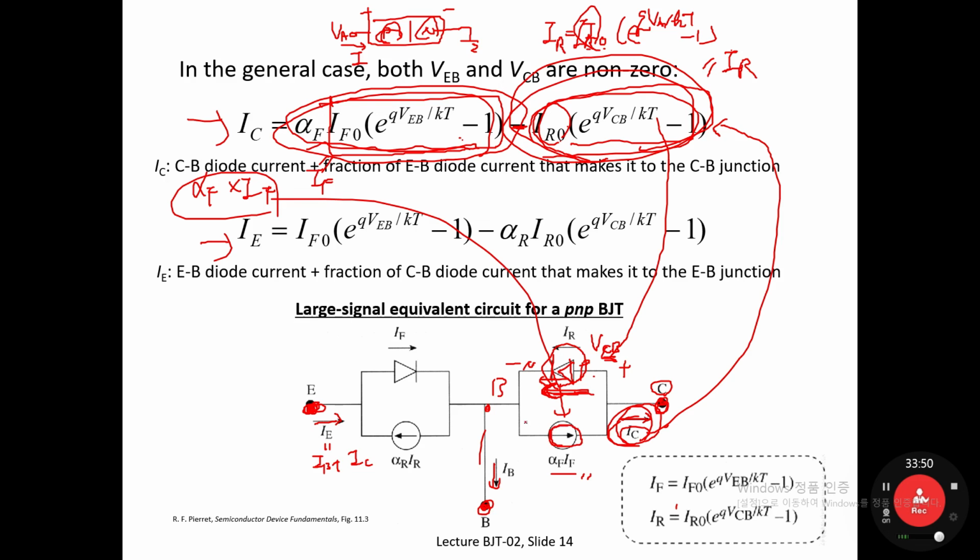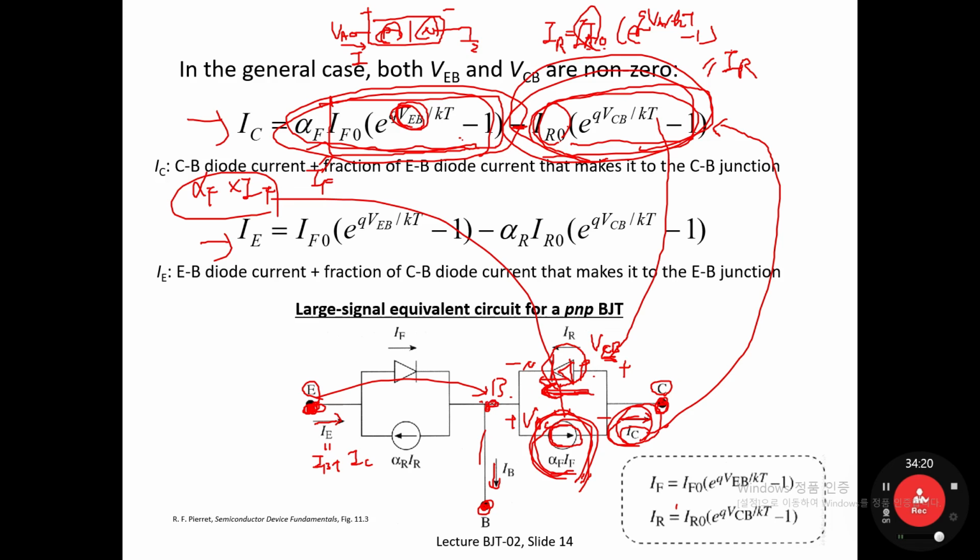This current source has nothing to do with the voltage difference between base and collector. The total current, alpha F times IF, is a function of the emitter-base voltage difference. It is not controlled by VBC but by the emitter-base voltage difference.